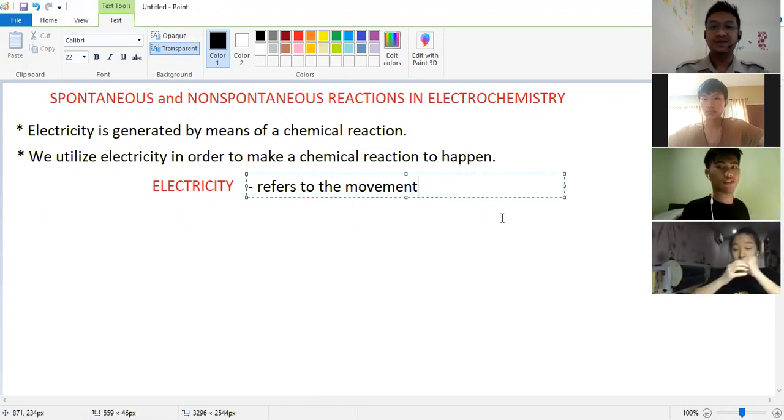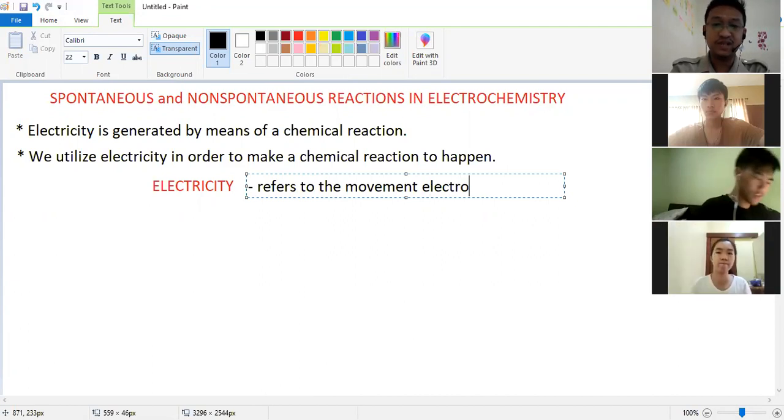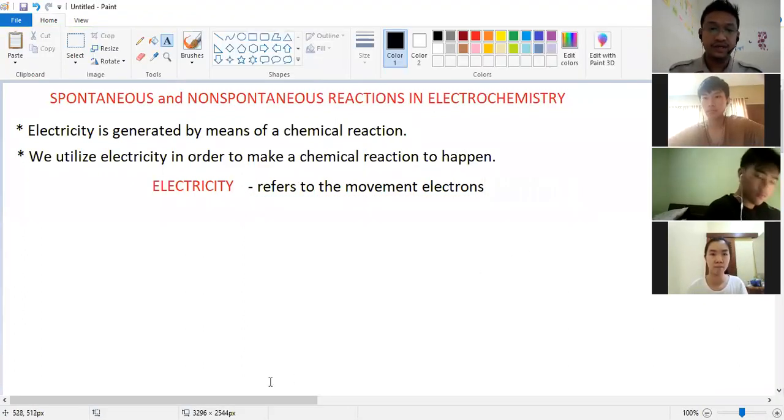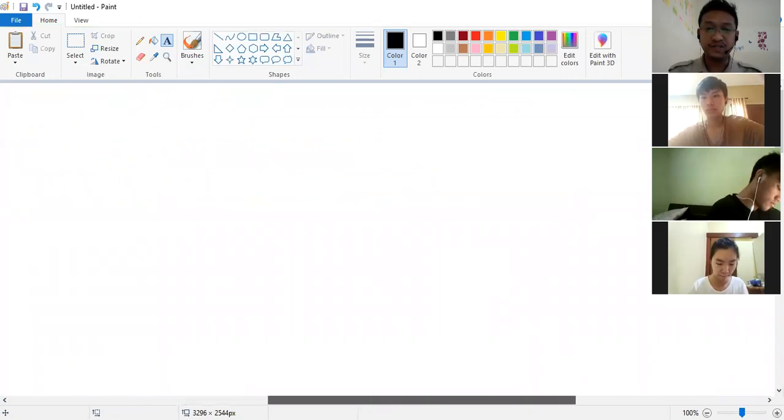Charges, or to be specific, electrons. It pertains to the movement of electrons. That is correct. So we talk of movement of electrons.